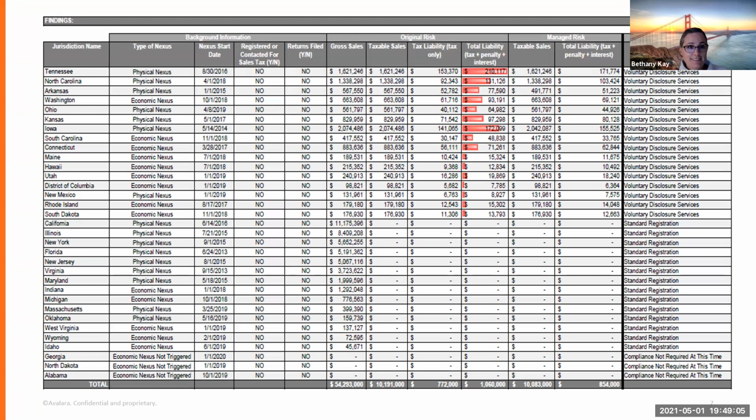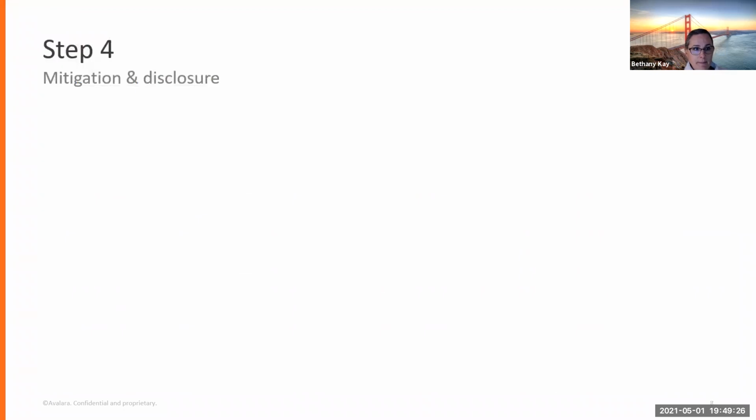From the gross sales, you get to taxable sales, and then you calculate the tax, interest, and penalties. And usually it goes from greater down to maybe none. For those great liabilities, you're going to want to do a voluntary disclosure to limit your look back periods and your penalties. Again, something you're going to want to do with a CPA.